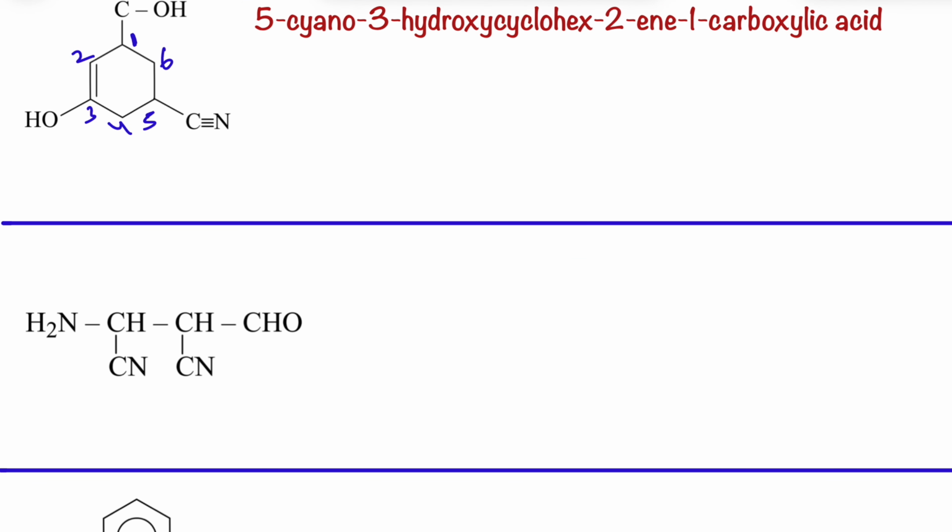In the next example, cyanide, amine, aldehyde, cyanide should get the priority. So here, no doubt this is the longest chain. However, cyanides are getting the same numbering 1 and 4. You move like this or like this, cyanides are not getting affected.